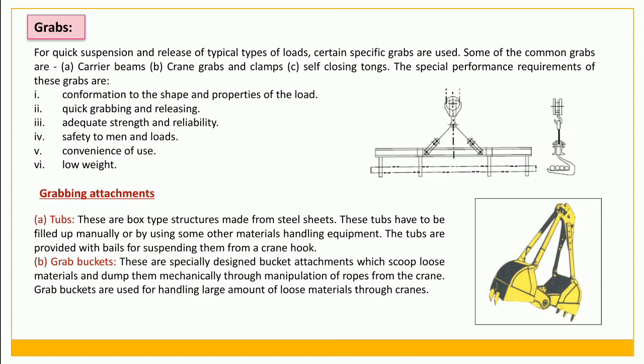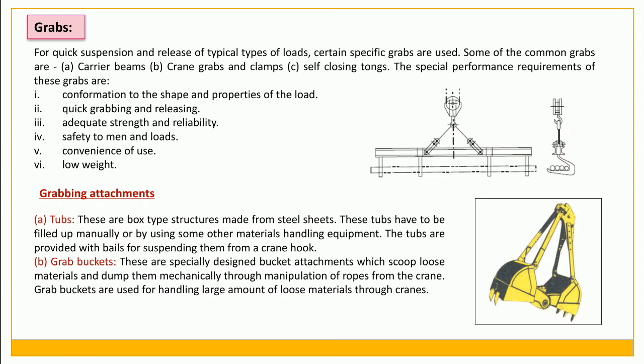Carrier type grabs are used for carrying short or long shafts, and clamps are used to grip sheet or plate type loads. Then there are self-closing tongs, which are used for automatic grabbing of different shapes. These tongs are self-closing to avoid manual intervention during grabbing.